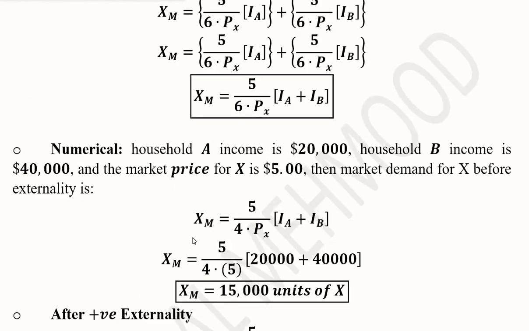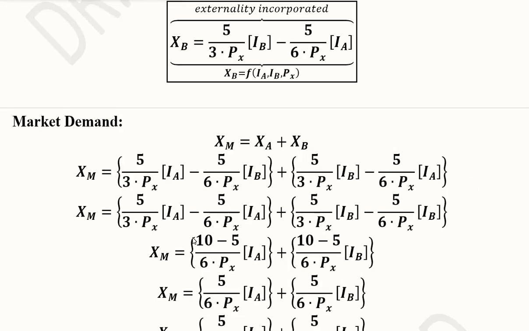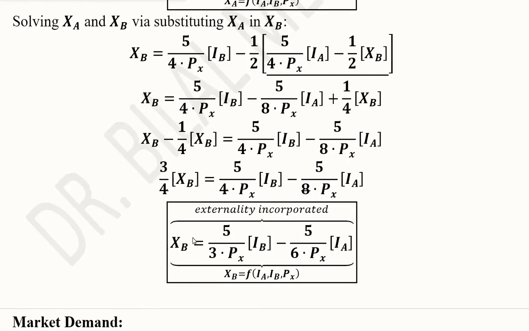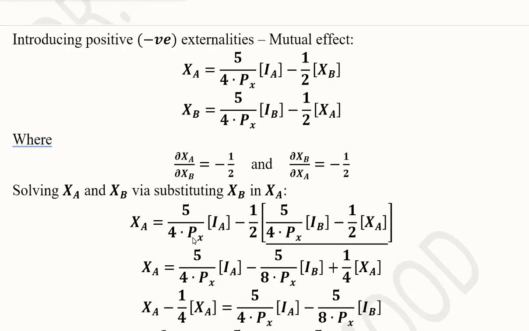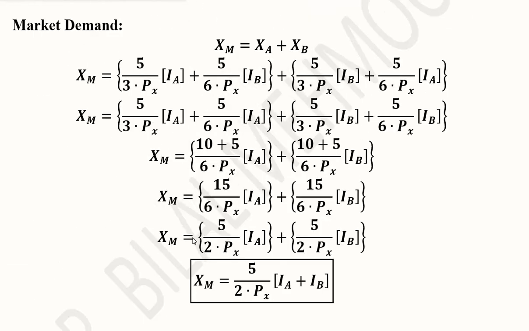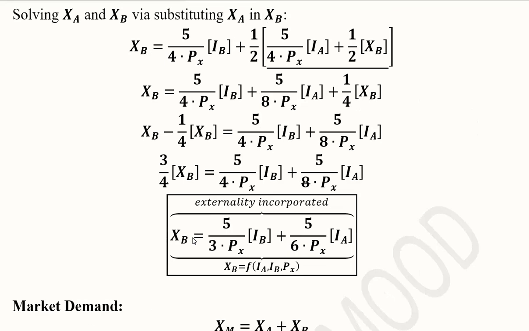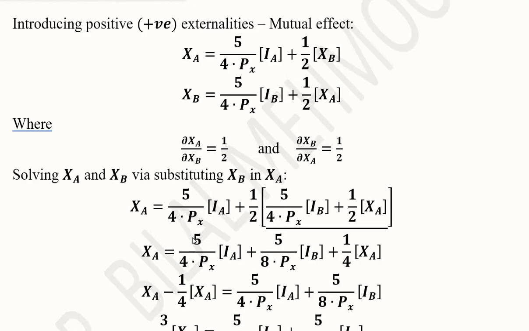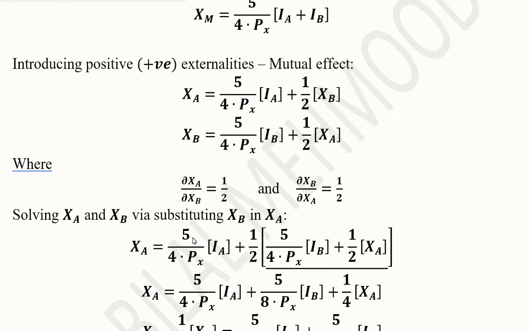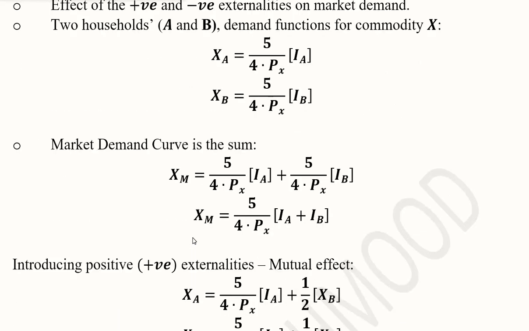So this is the depiction of the numerical that we did for the positive and the negative externality. The formulas for which were derived, here we are viewing the formula in case of the negative externality of mutual effect, and here we are seeing the process for the formula of the market demand curve in case of the positive externality of the mutual effect.